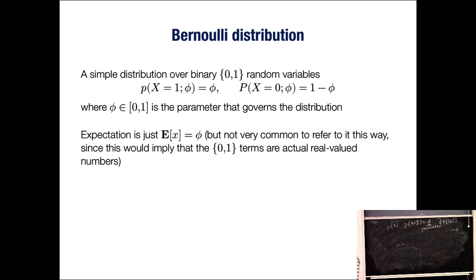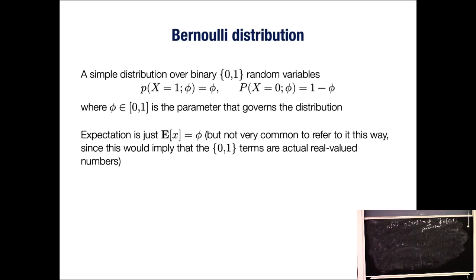In other words, this parameter characterizes what this distribution actually is. You only need to specify one of these two, because we know the probability of being equal to 0 is going to be 1 minus phi. So we only need one parameter to specify this distribution.